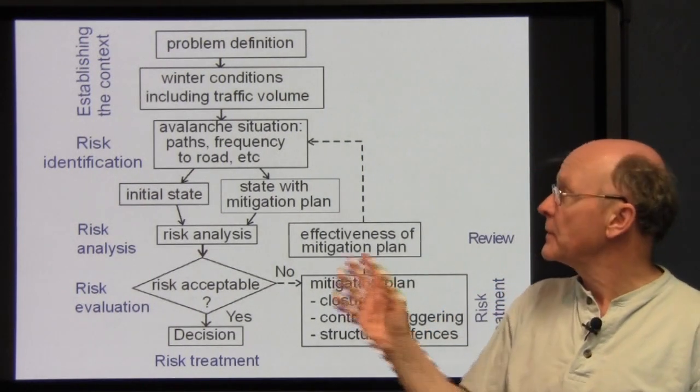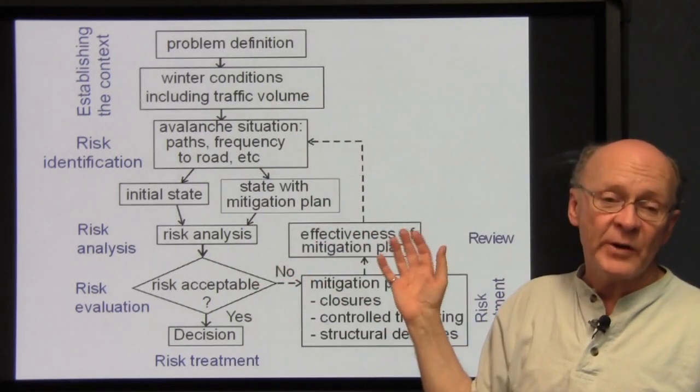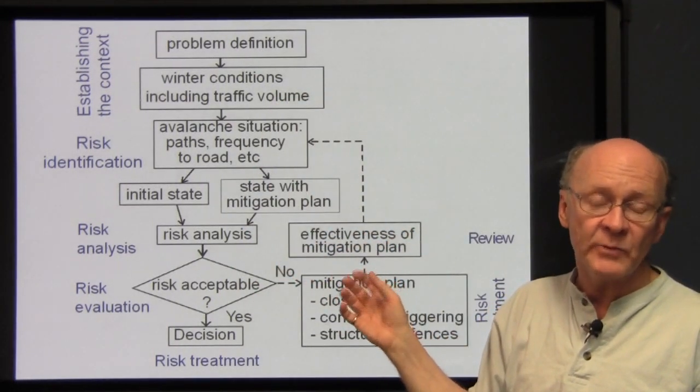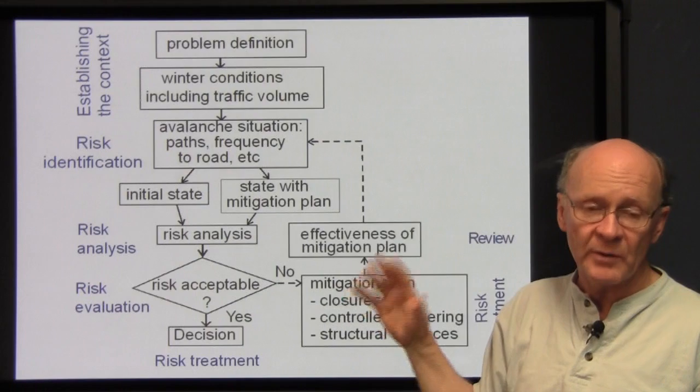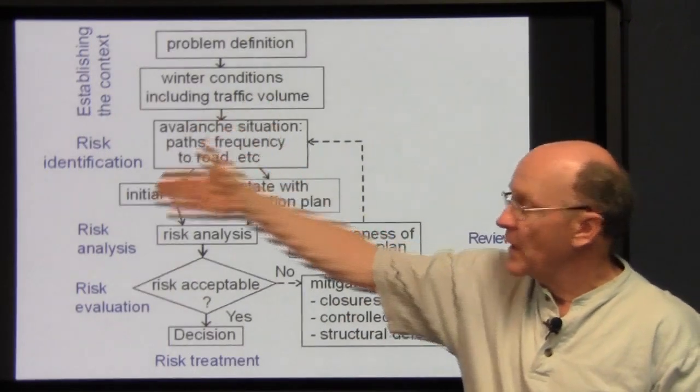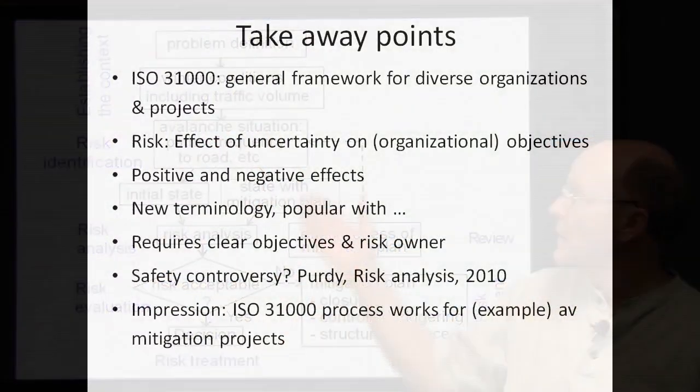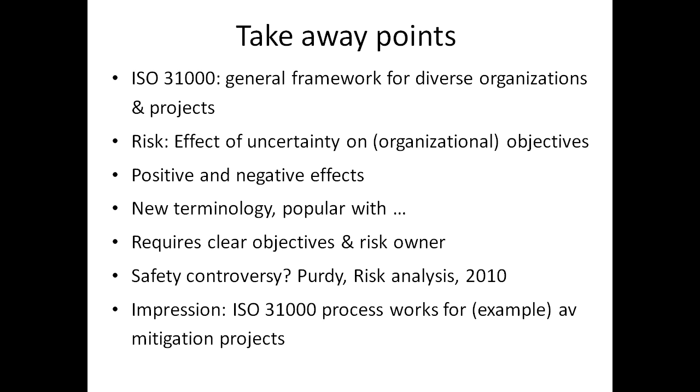So you notice 2 things here. First, this is a very specific risk mitigation, whereas ISO 31000 is quite general and broad. And second, we have some new terminology here. So in summary, ISO 31000 gives us a general framework for diverse organizations and projects to manage their risk.